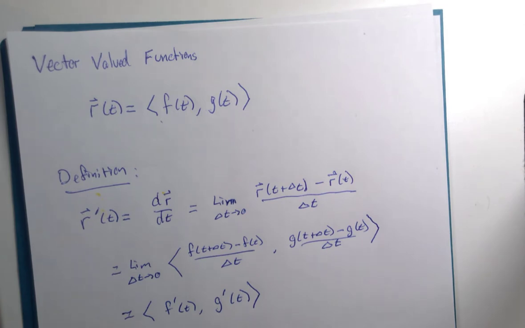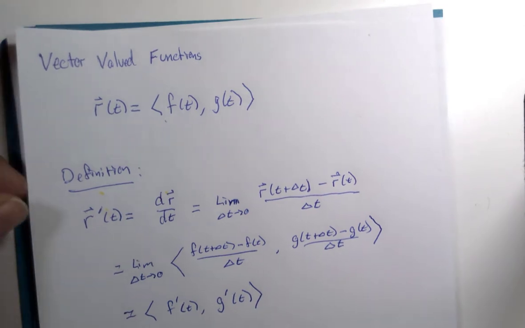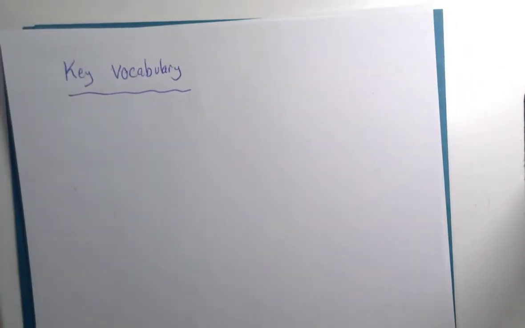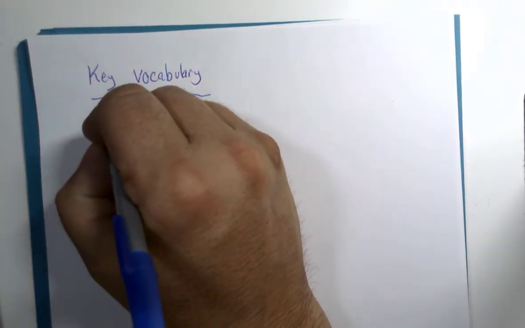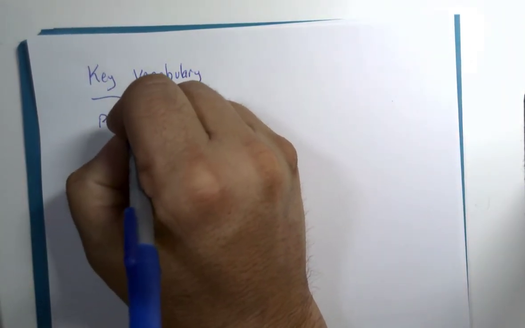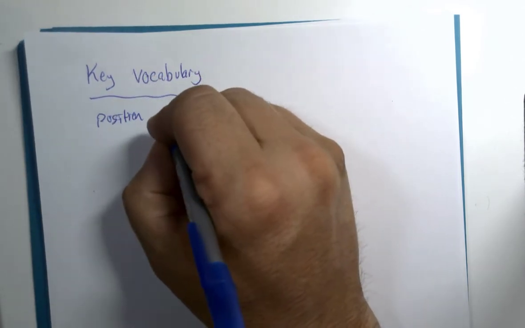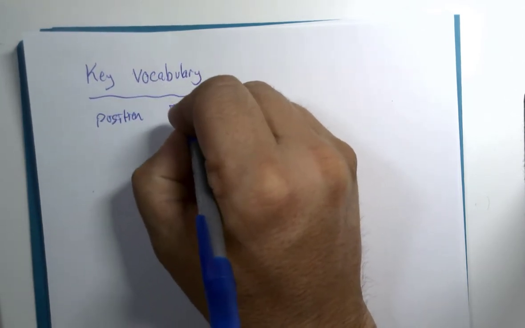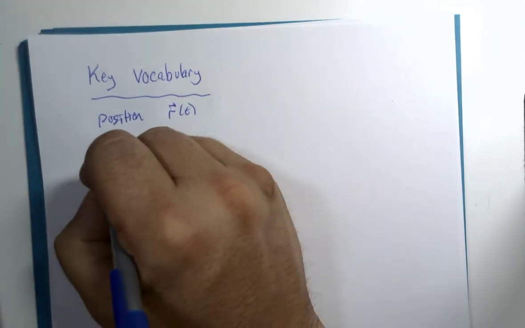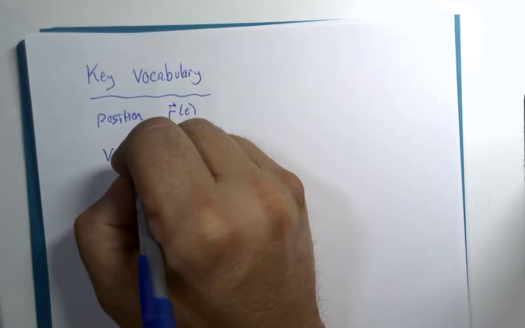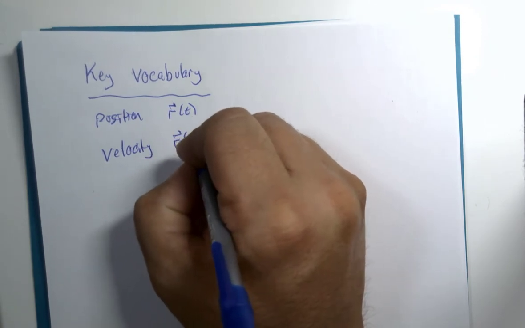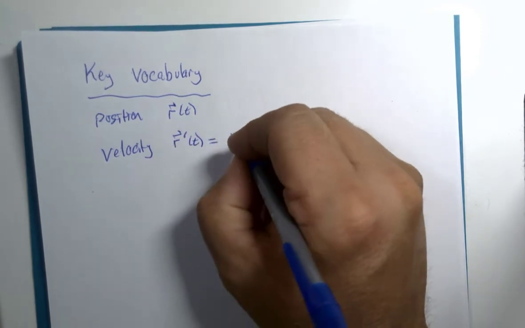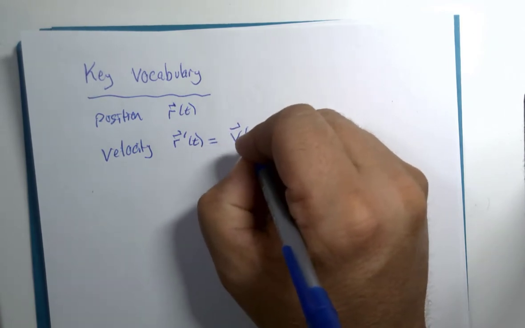I'm going to go back to our vocabulary we've been looking at for our next step. All right. So we have position, the graph itself, which is r of t, and then we have the velocity vector, which is the first derivative, but can easily be named v of t.